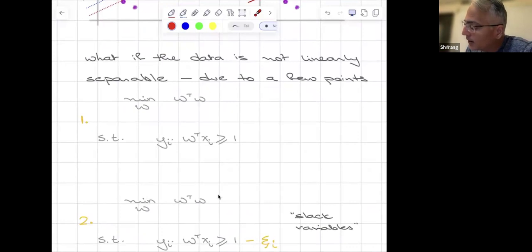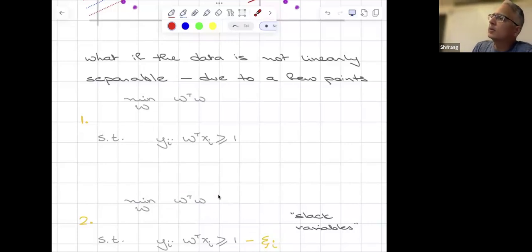But now the problem is I've said minimize W transpose W, and I need to accommodate this psi I. If I say minimize W transpose W, the only thing the algorithm is going to calculate is the W values. But I wanted to calculate the psi I also. Why will it calculate it?